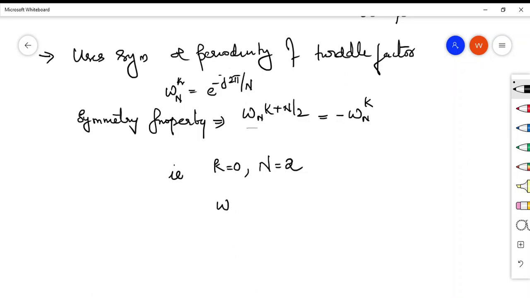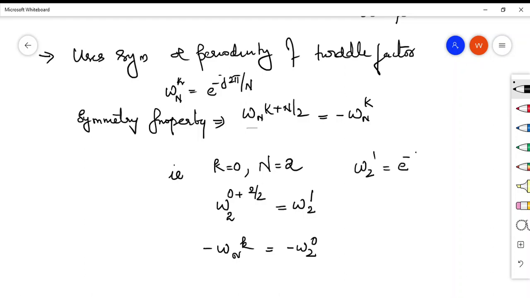It will be W_2 raised to 0 plus 2 by 2, that is equal to W_2 raised to 1. Then minus W_N raised to k will be equal to minus W_2 raised to 0. Now you can say W_2 raised to 1 is equal to minus W_2 raised to 0.